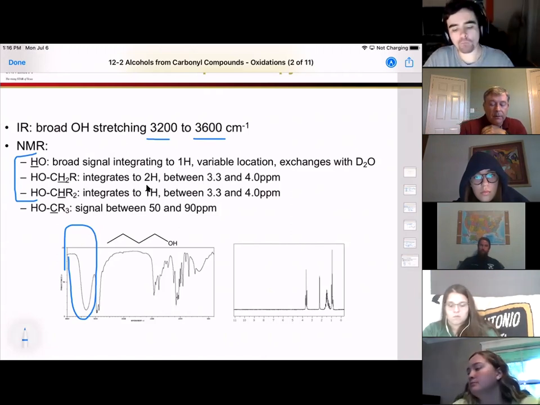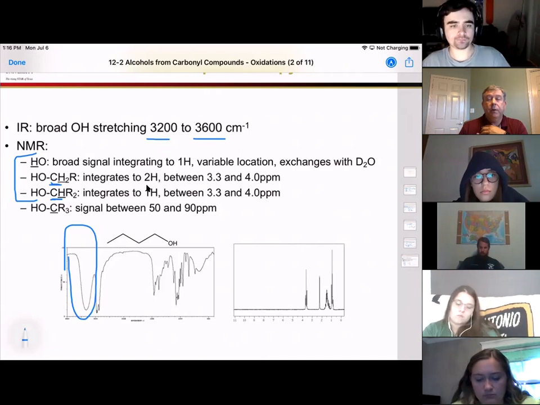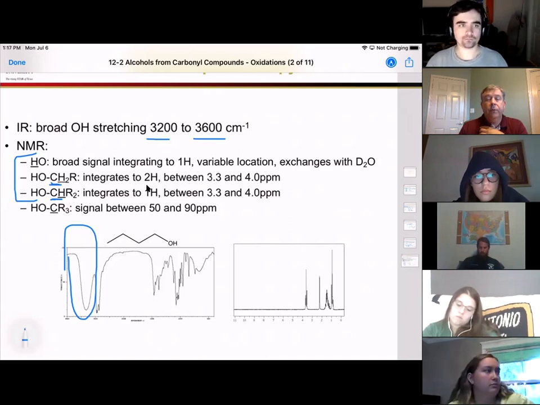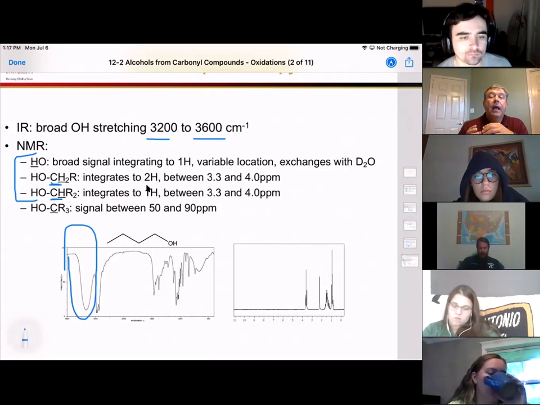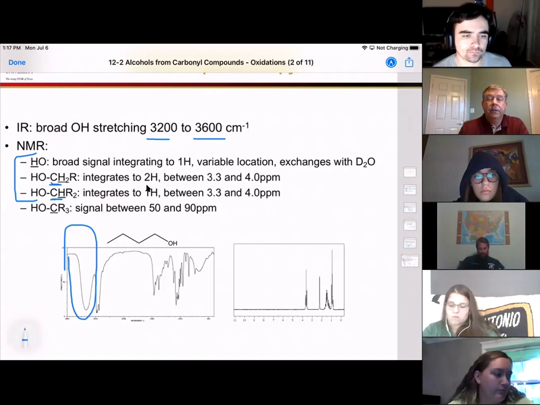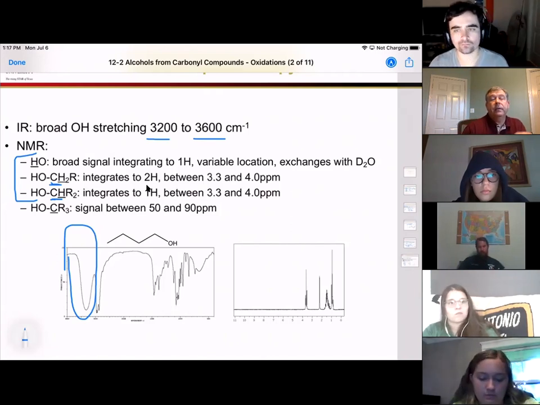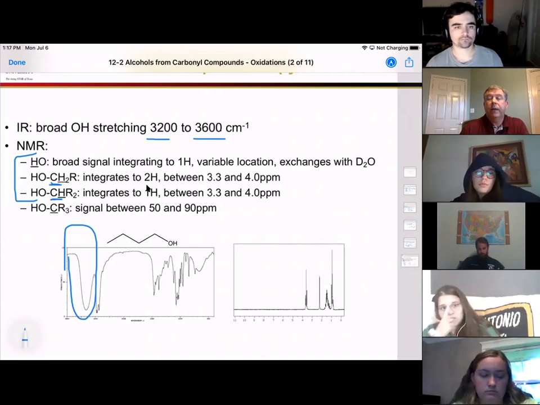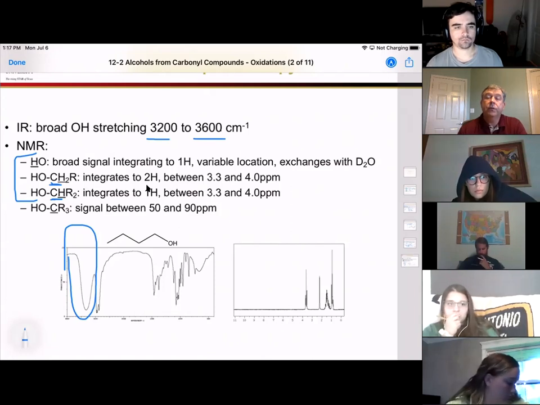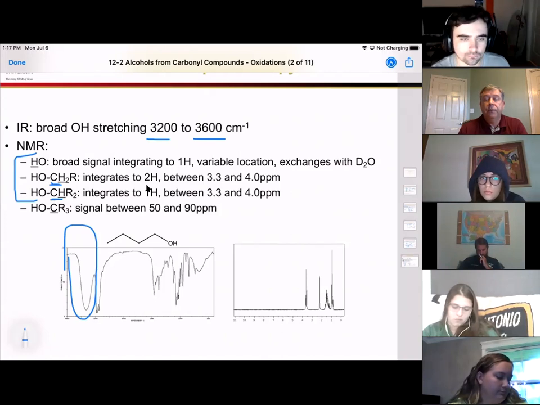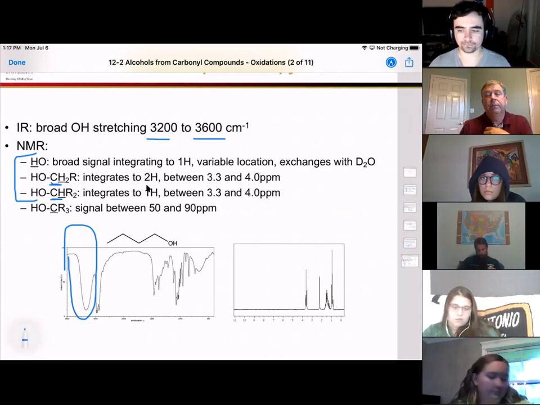Now, for all other hydrogens that are adjacent to the alcohol here, we see a shift to about 3.3 to 4.0 ppm. That's because those hydrogens are being deshielded by that electronegative oxygen, shifting them up above where we'd see them for a regular CH3 group, which would be closer to 0.9 ppm. So we're seeing a shift up to approximately 4 ppm.